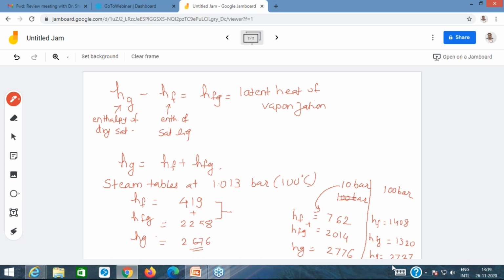So as the students are reporting the values you see now, similarly I'll put one more exercise. At 221 bar you tell me the values of Hf, Hfg and Hg.